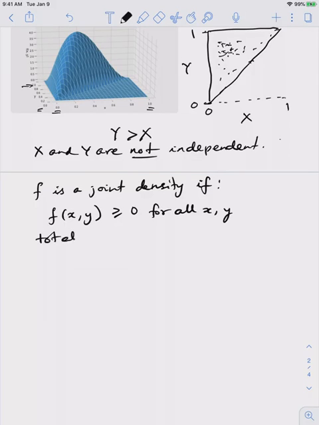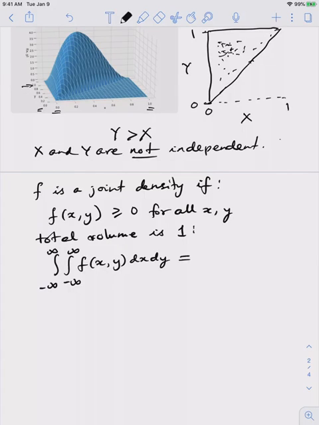And so I'll write that in English. Total volume is 1, and the volume under the surface is a double integral, just as the area under a curve is a single integral. And here we are integrating over all x and all y. So that's the total volume under the surface, and that better be 1.